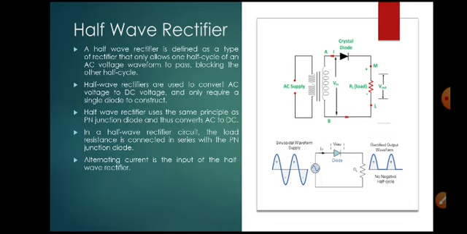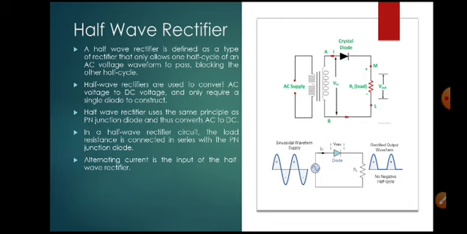It gives output of only half of the input signal. Here one PN junction diode is required.